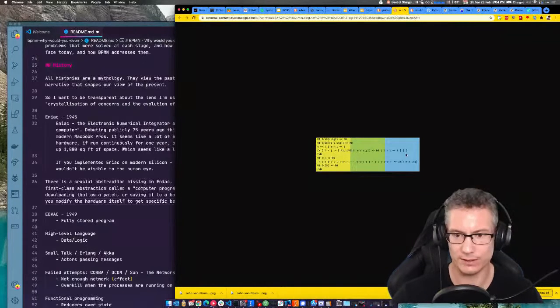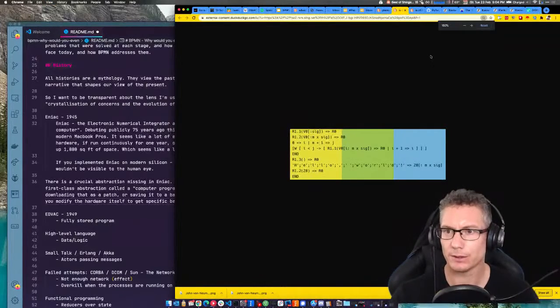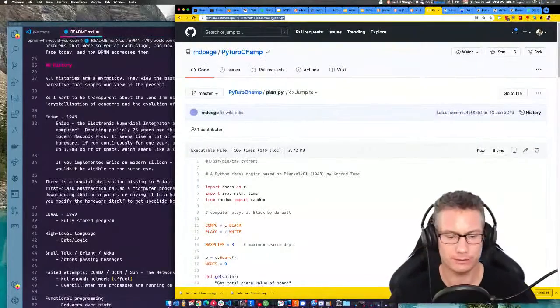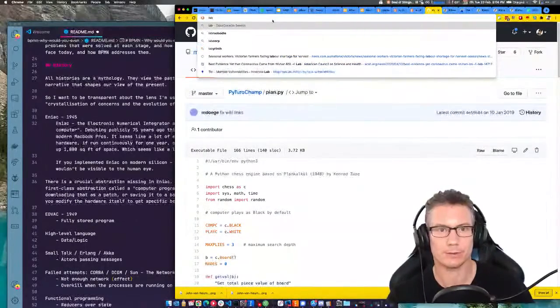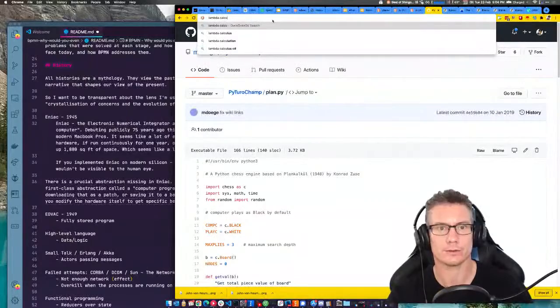So it uses lambda calculus. I think that's what you call lambda calculus.